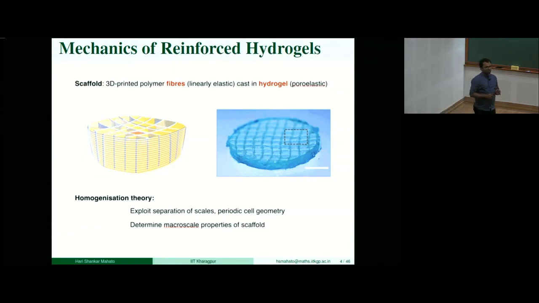Since they are microscopic periodic structures, we can reduce the whole model to a micro-macro situation. First of all, we consider the model at the micro scale, which is composed of the linear elasticity equation and the equation for the hydrogels, complemented with some stress boundary conditions.